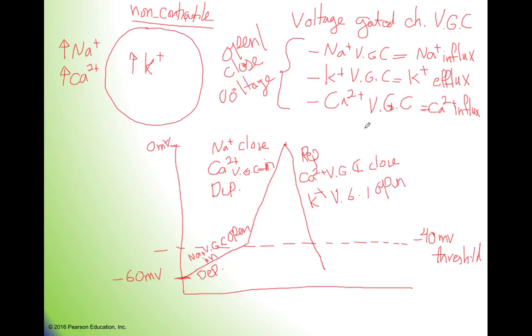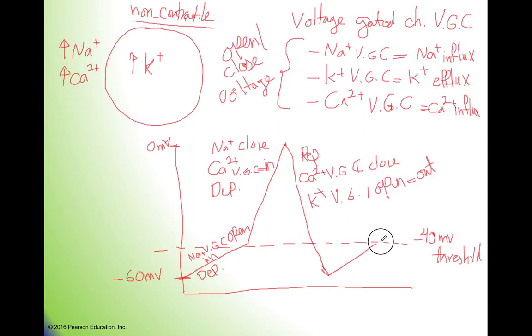And if potassium opens, potassium is going to do what? Move out. And as they move out, potassium is a positive charge, so you're losing the positive charge, and that causes the repolarization. So by the time you're back to the negative 60, you're going to do what?